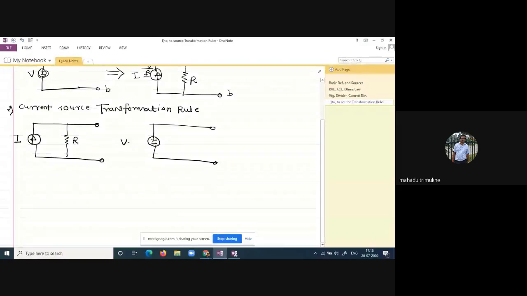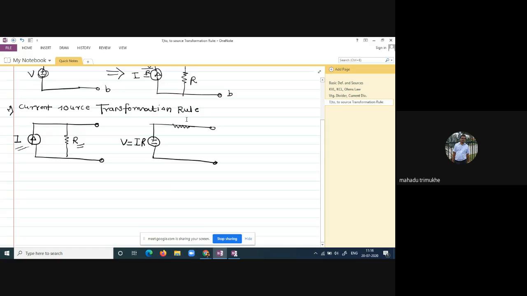V is equal to the product of current and resistance, V is equal to I into R. I you know, R you know, then you can easily calculate V. And whatever resistor is present with the current source, you have to connect in series with the voltage source. That way you convert the current source into the voltage source.